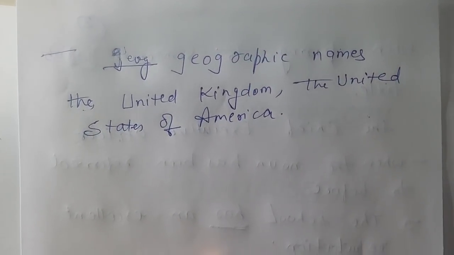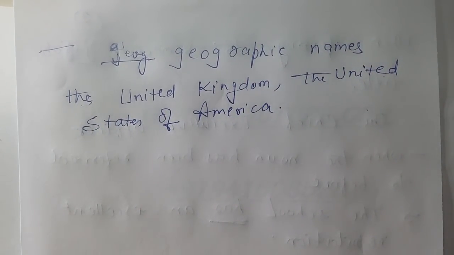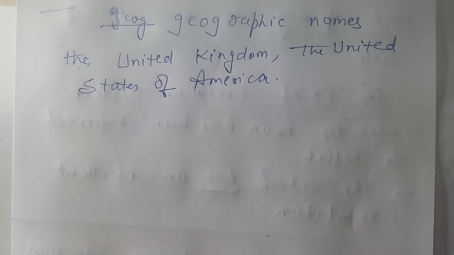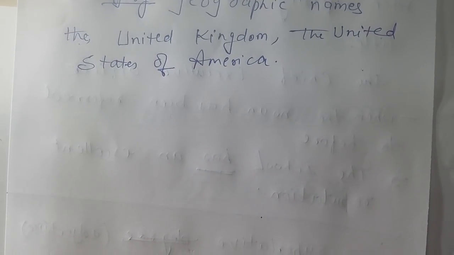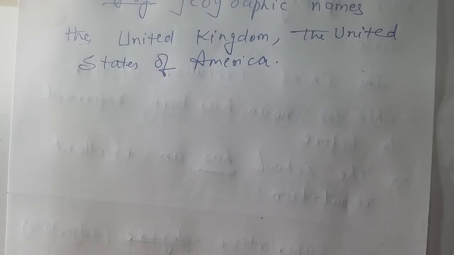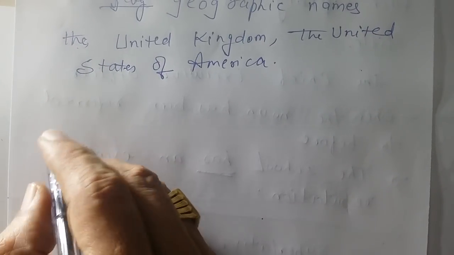But the United Kingdom is a combination of three countries. The United States of America is a combination of states, right? These are the reasons, because they are representing the complete. But England, it's a country name. They are not representing geography. They are part of the geography, but not a particular geography. So that's the reason here.